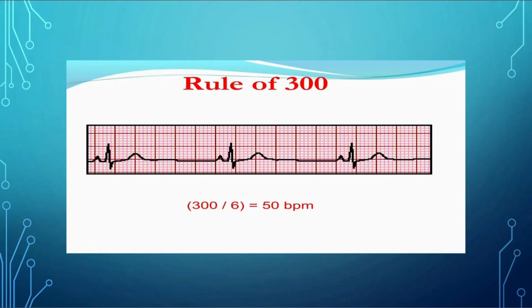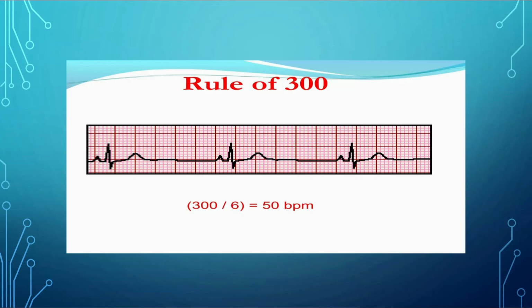So here you can see the QRS complexes, and you can see a large box here, 1 2 3 4 5, and we can consider this half and this as a 6. So 300 divided by 6, that is the number of large boxes. So approximately 50 beats per minute is the heart rate.